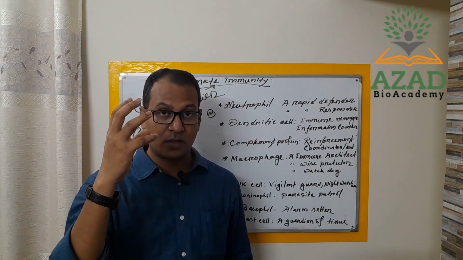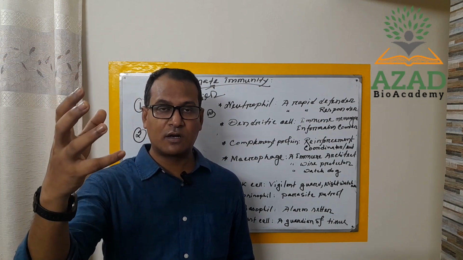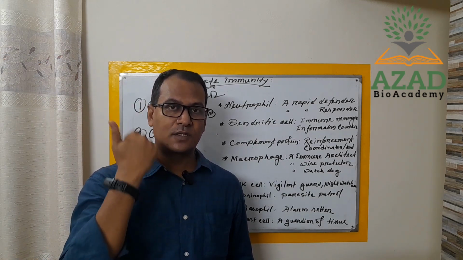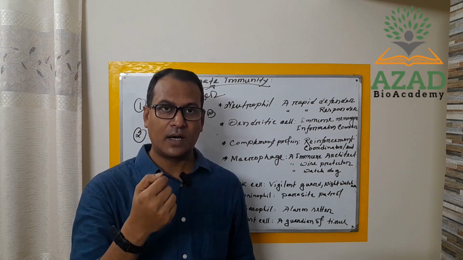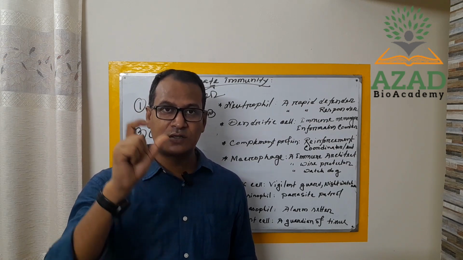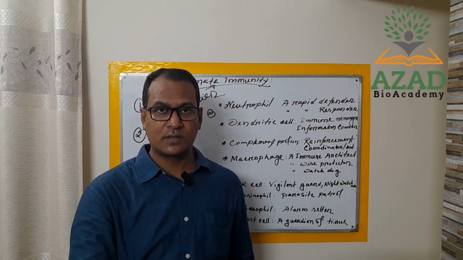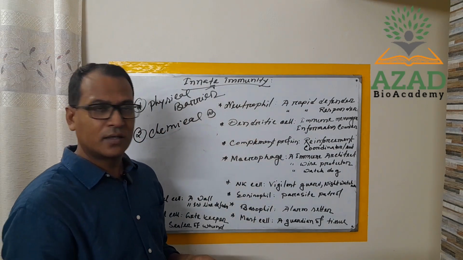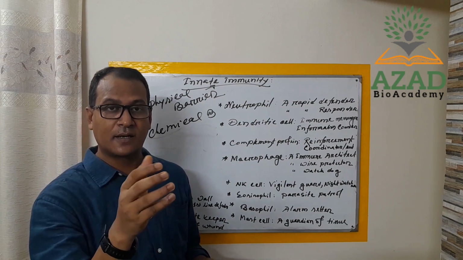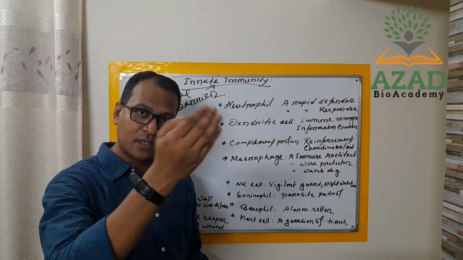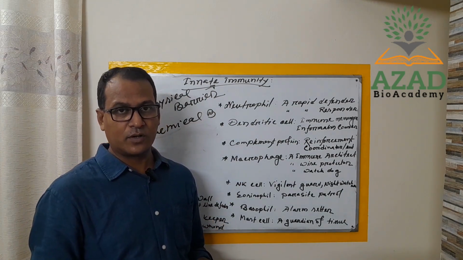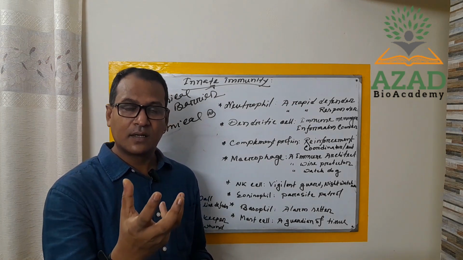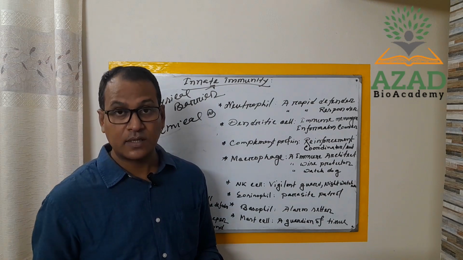Suppose our eyes are exposed directly to the environment, and microorganisms frequently try to enter the eyes. So the eyes have tears, and tears contain an antimicrobial substance, like lysozyme. Such chemicals can act as a barrier to stop microorganisms from entering your body. So this is also a chemical barrier as innate immunity.